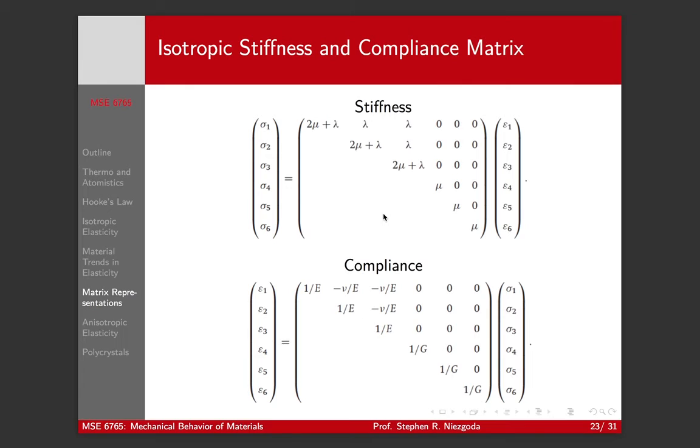These are just the standard ways of writing it, easy to remember, and you don't have complicated terms. Of course, we can always write our stiffness with respect to Young's modulus and Poisson's ratio as well. These happen to be the forms that most books put forth because they're the most straightforward.